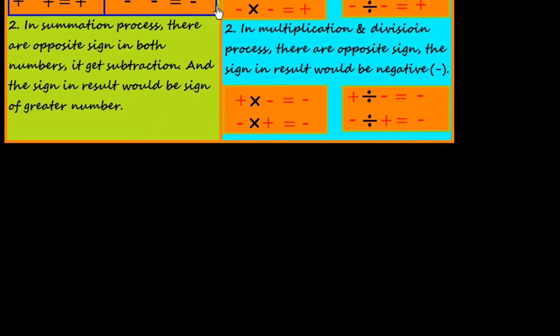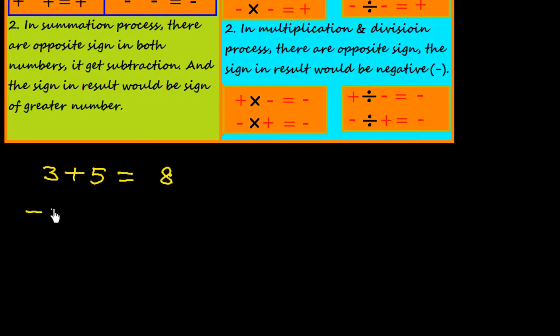If we have two numbers, 3 plus 5, both numbers have the same sign. If there is no sign, it means there is a positive sign in the first term. So 3 plus 5, the operation would be addition, 8, so it is positive 8.